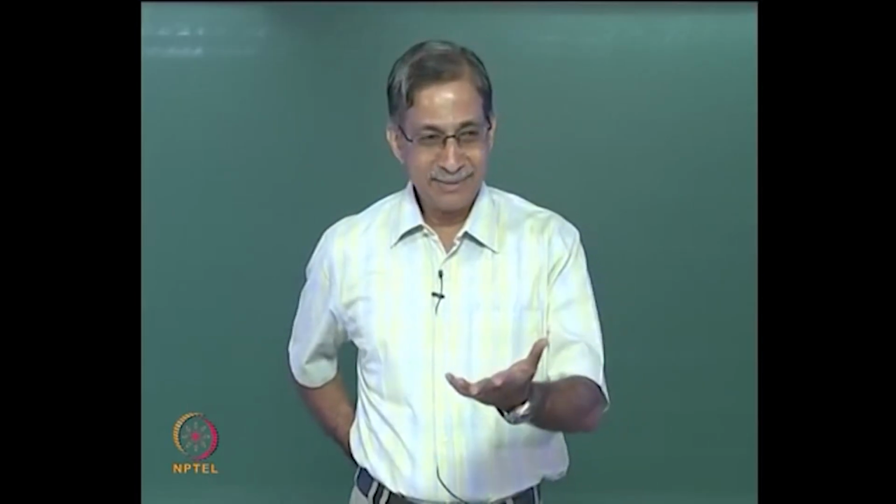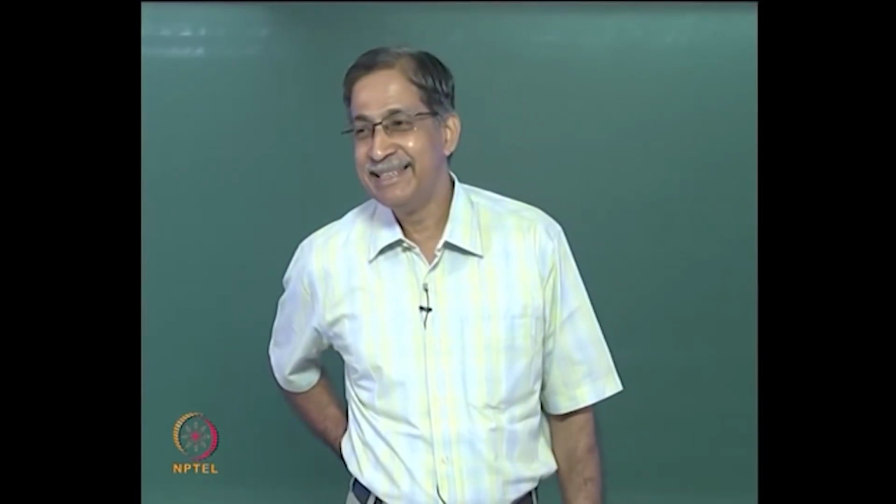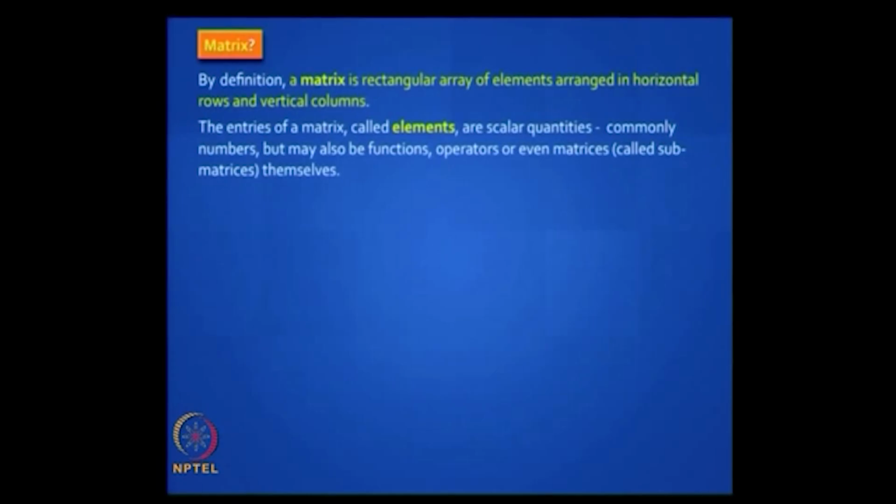There are no things. Computer doesn't see things. Set of numbers. Right. By definition, a matrix is a rectangular array of elements arranged in horizontal rows and vertical columns. So it should look neat, and every number has a place.